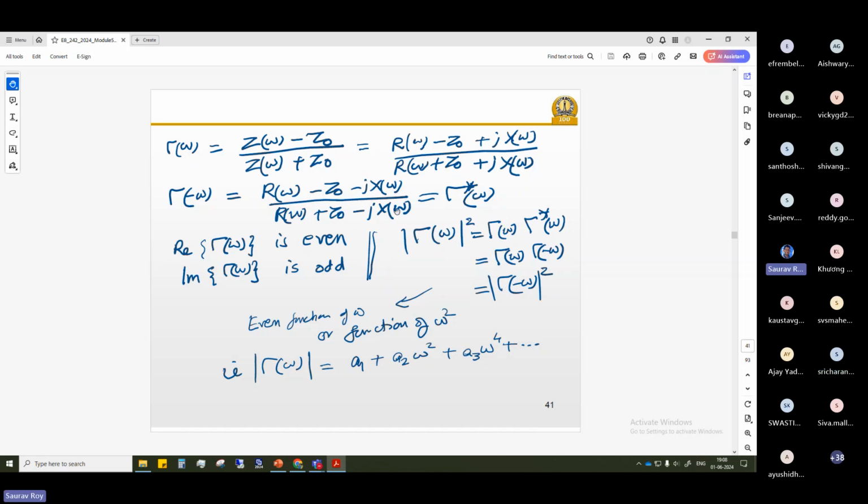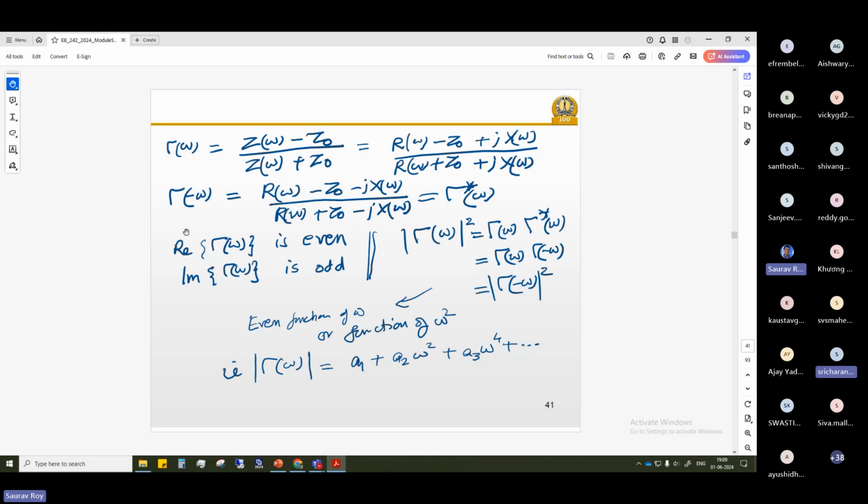Yeah, this calculation, if you see, it is given here. Because gamma is a complex term, right? In the complex calculation, if you take a complex conjugate, then you will get another value. So if you can prove that the complex conjugate is the value at minus omega, then from here you can get it. Normal gamma calculation has R, Z, and all these terms.